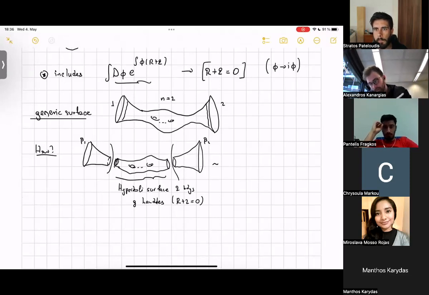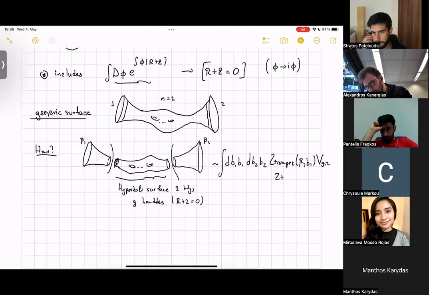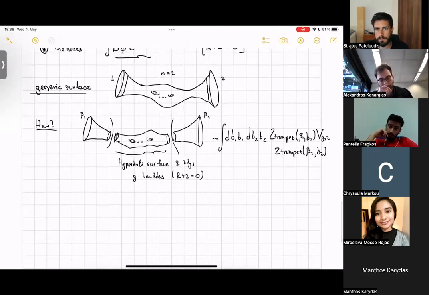This will be something of the form. I will explain what this is. I want to show how the relation to hyperbolic geometry and mathematics comes in.